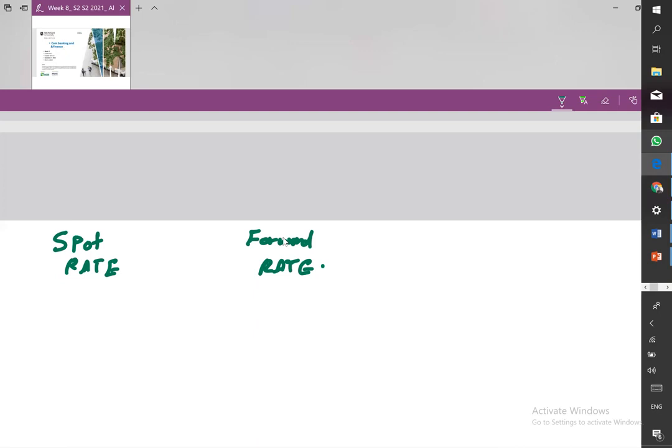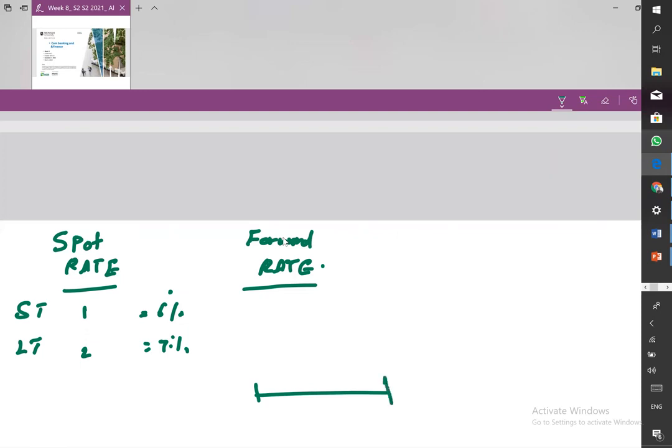So the spot rate is saying, do you want to invest for 1 year? I can give you for 1 year, for example, 6% in the spot. Do you want to invest for 2 years, long term? This is, for example, short term. Long term, 4 years, I can give you, for example, 7.1%. What does this mean?